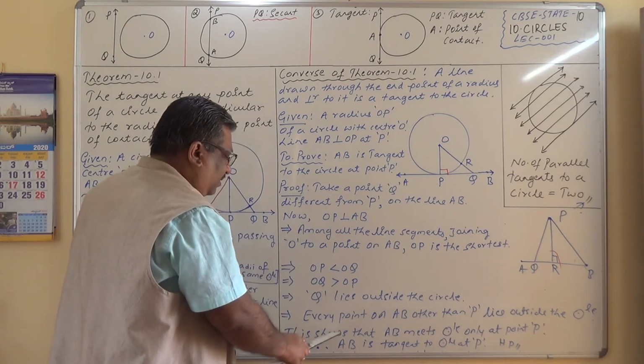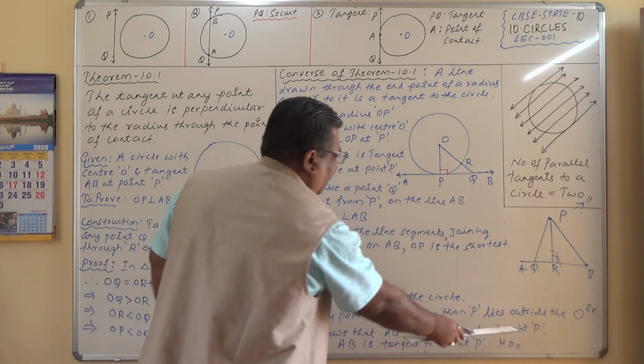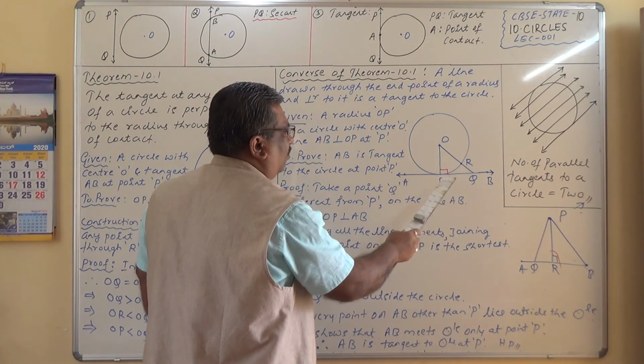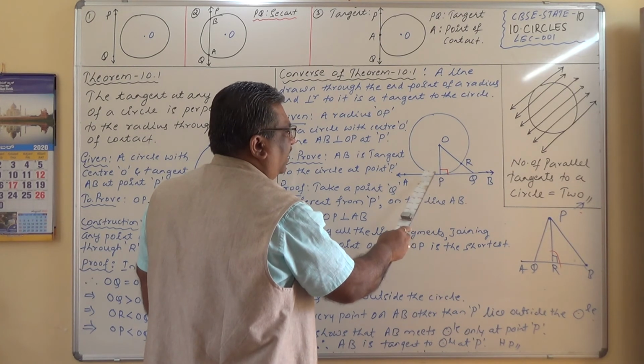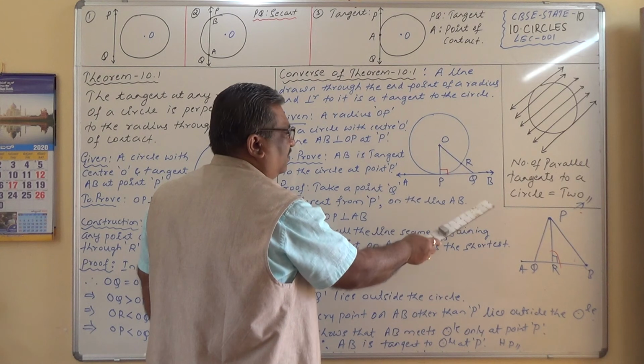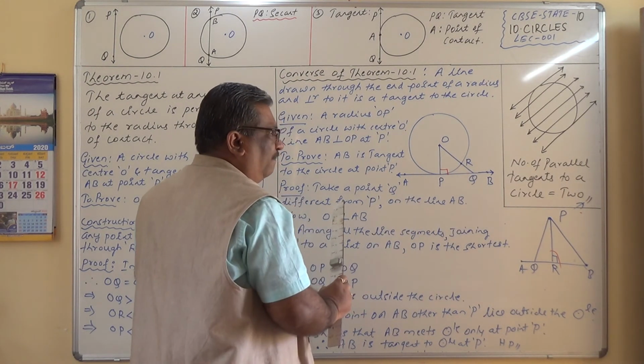This shows that AB meets the circle only at point P. Because any other point I select will be outside the circle, since its distance will be greater than OP.